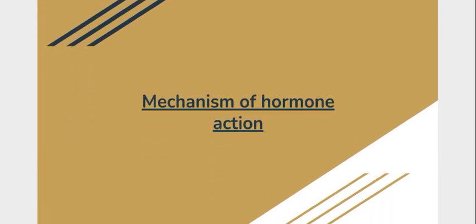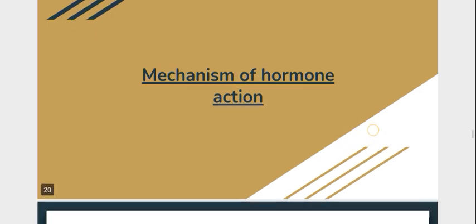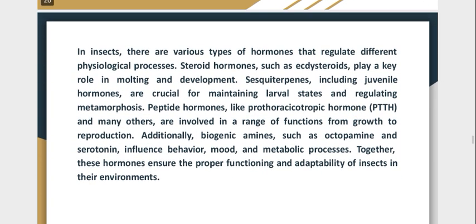Now we are going to particularly learn about this mechanism of hormone action in detail. In insects, there are various types of hormones that regulate different physiological processes. Steroid hormones such as ecdysteroids play a key role in molting and development, and sesquiterpenes, including juvenile hormones, are crucial for maintaining larval stages and regulating metamorphosis.